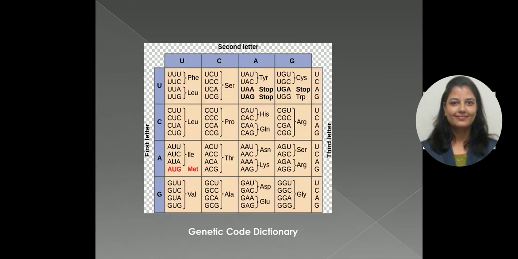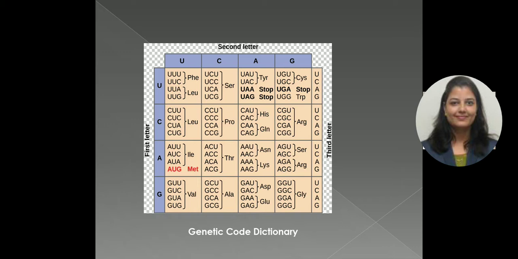So here you can see the genetic code dictionary where this is the first letter on this side, there is a second letter and there is a third letter. So if the first letter is UCAG, the second letter is again UCAG, and for the third letter you can find the four columns, they all have four different bases.